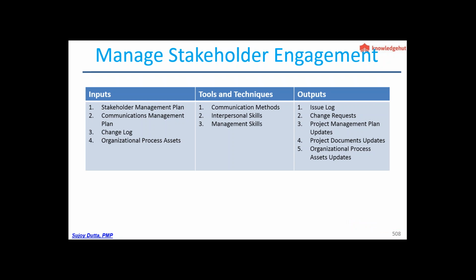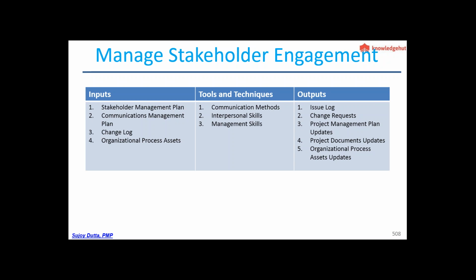A person in the monitoring quadrant can move up to keep informed, manage closely, or keep satisfied. So you have to step up the engagement level to the right level, and that can be tracked from the change log.